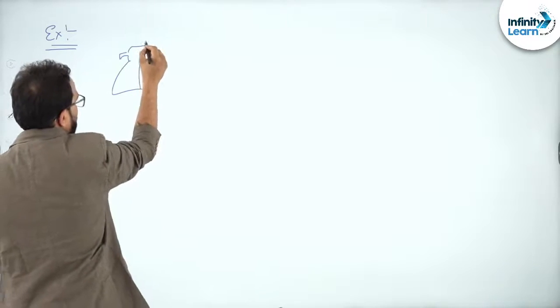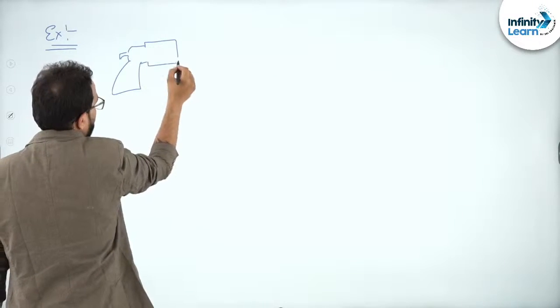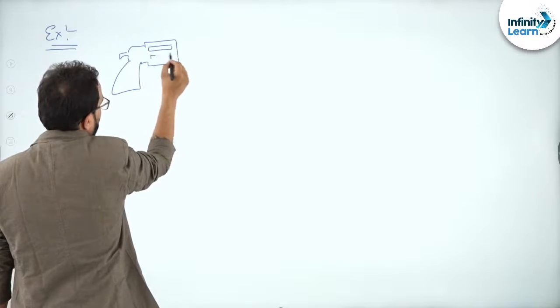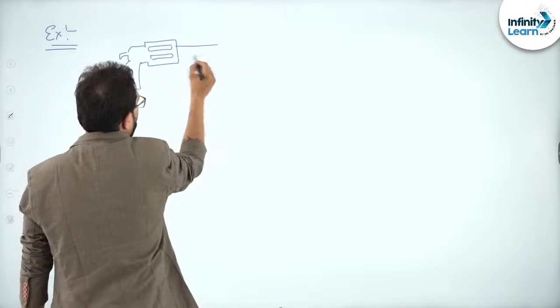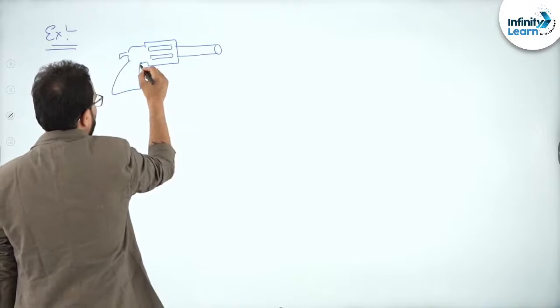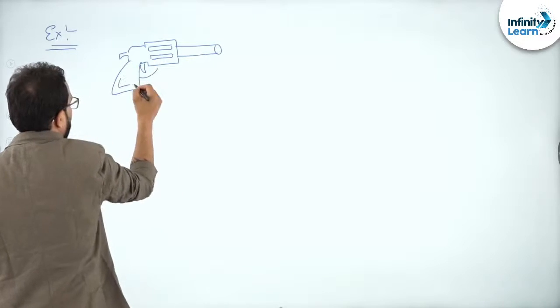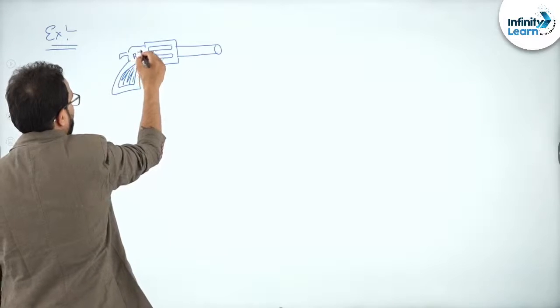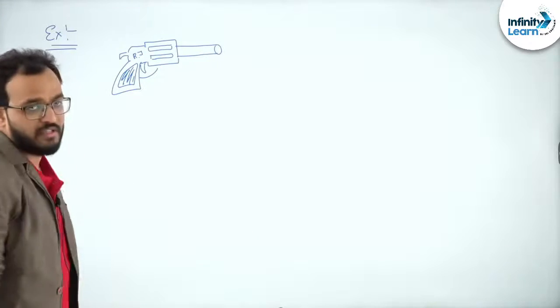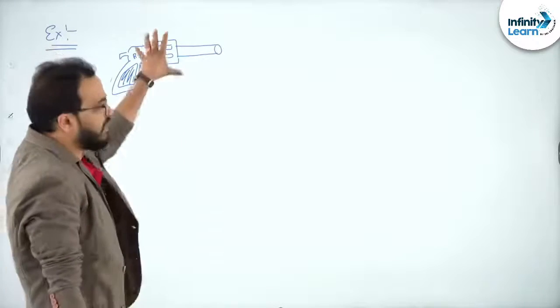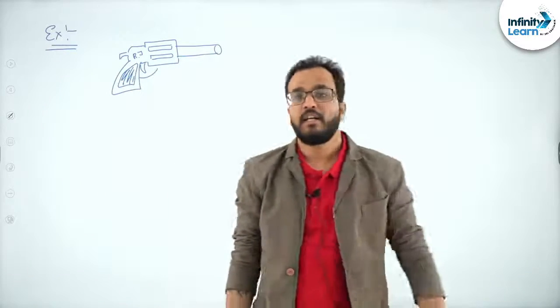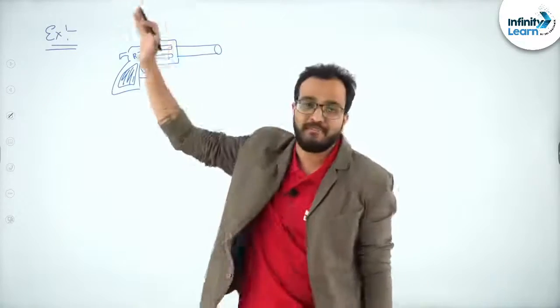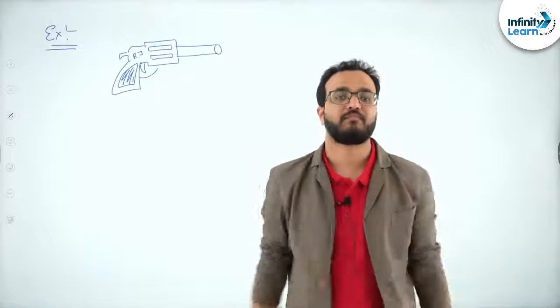I'm just taking the simplest of examples. So this is a simple gun. Right now the bullet is inside the gun, and the gun and the bullet as a complete system is at rest.